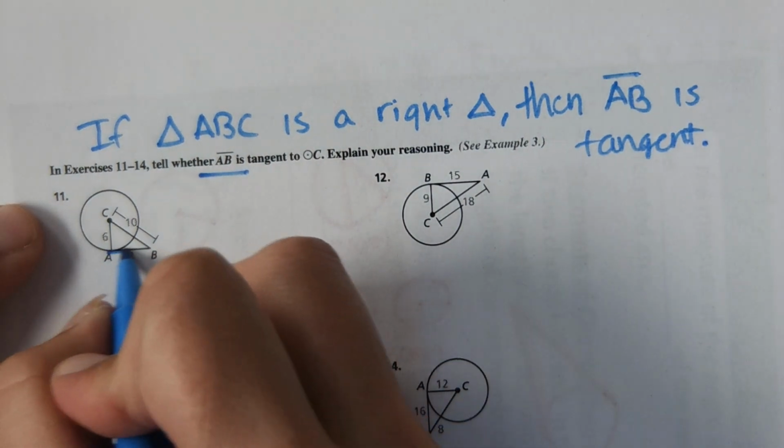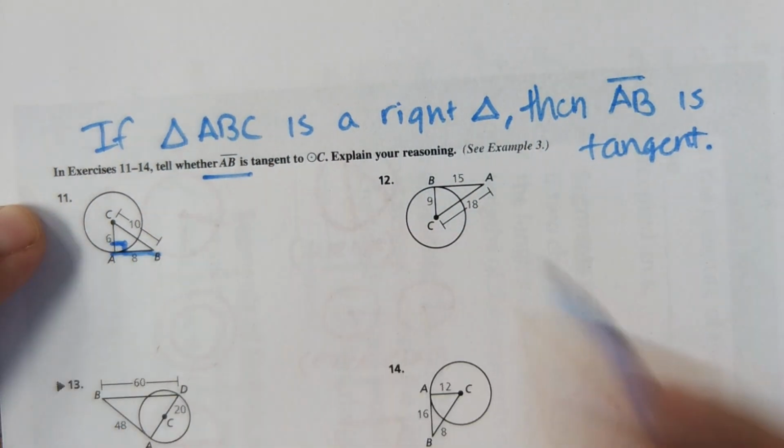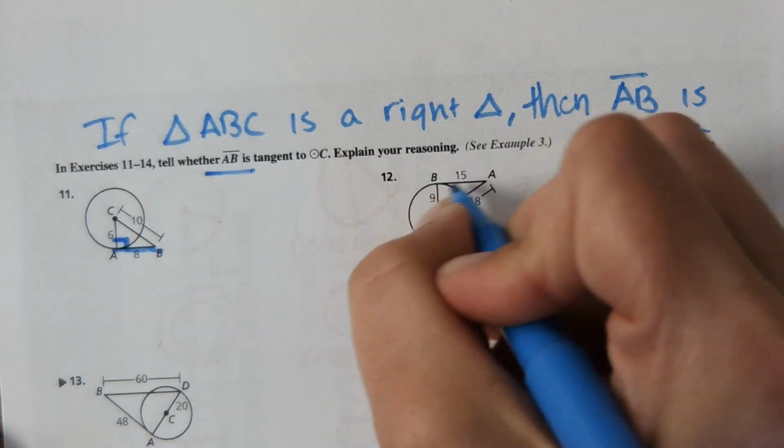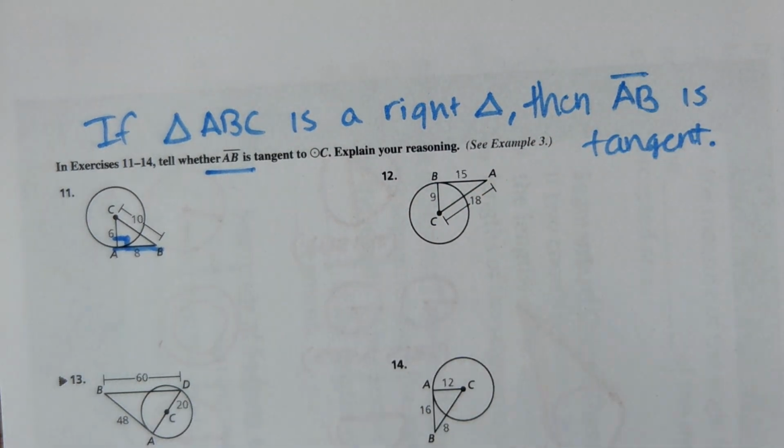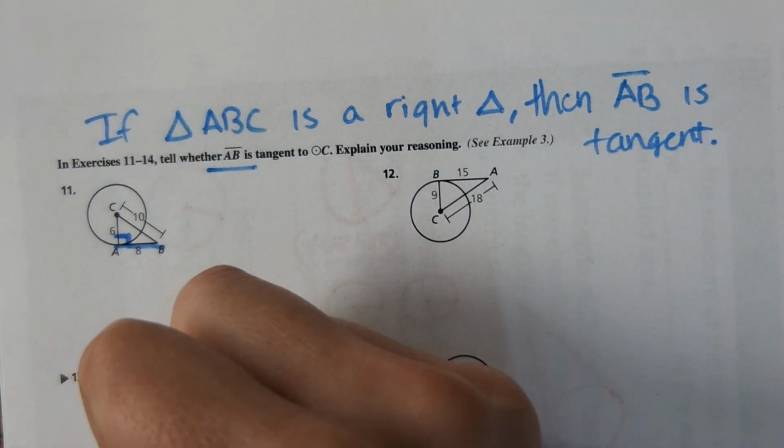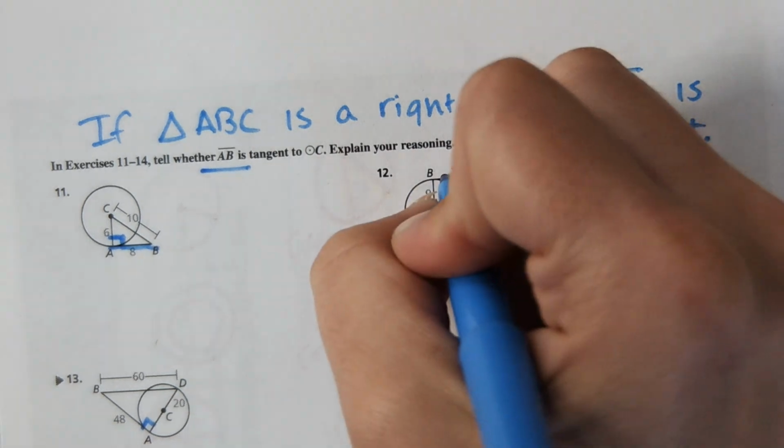If this is tangent, then it's perpendicular to that radius. Like this should be 90 degrees, this should be 90 degrees.